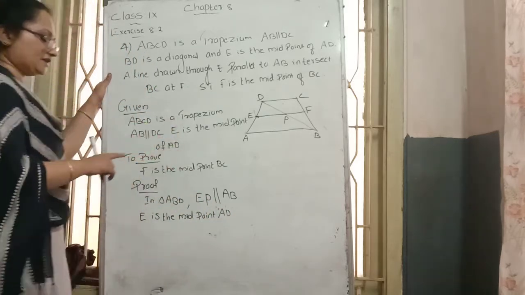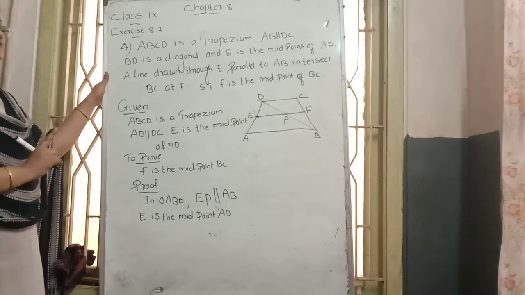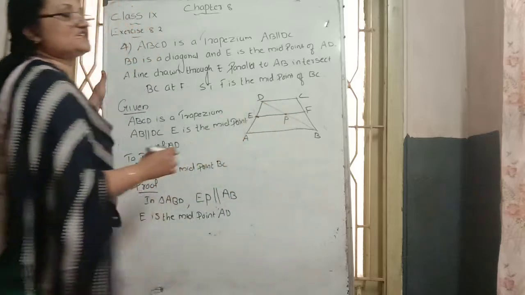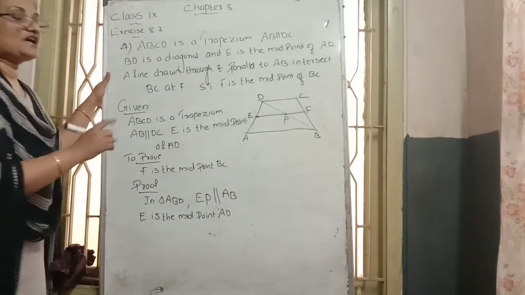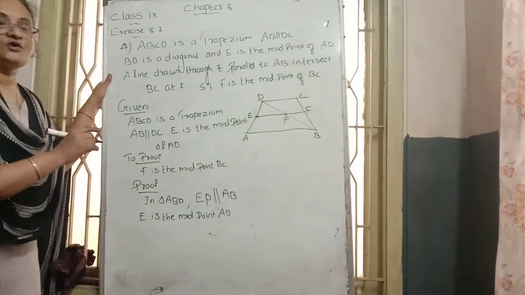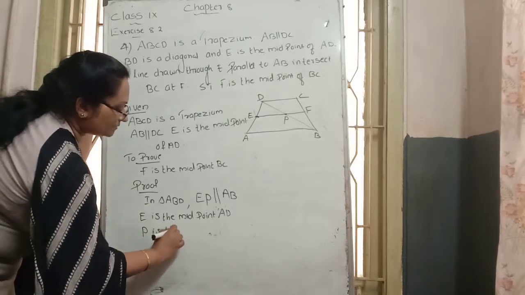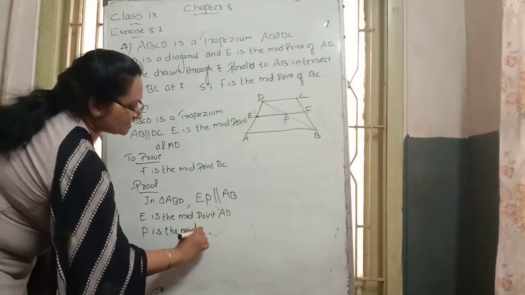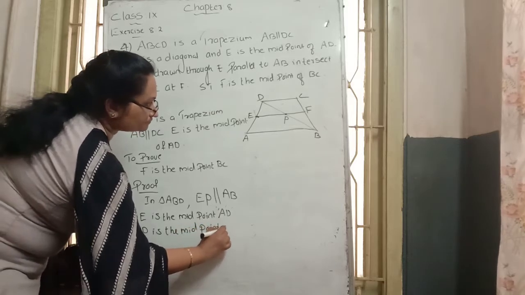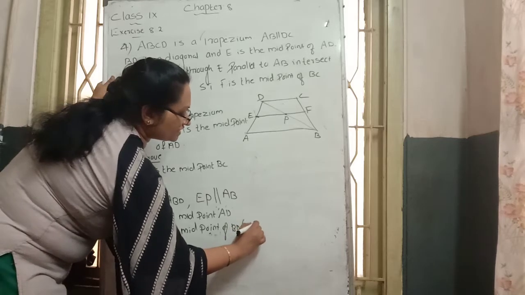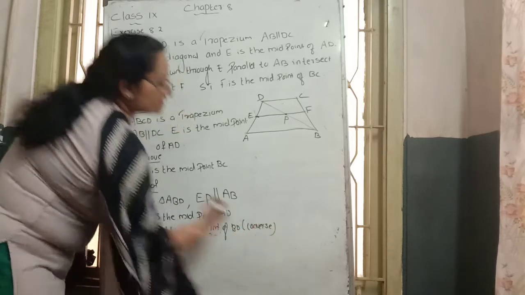By the converse of the midpoint theorem, P is also the midpoint of the BD side.